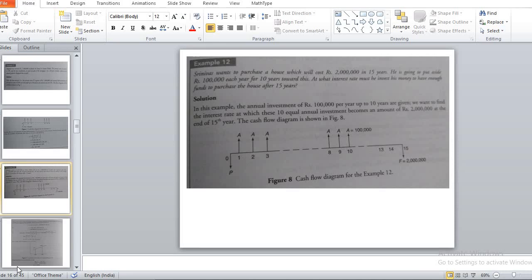Each of these examples is based on a certain topic, and we have to find out a certain quantity with certain given criteria. So in this example we have to find out the interest rate.